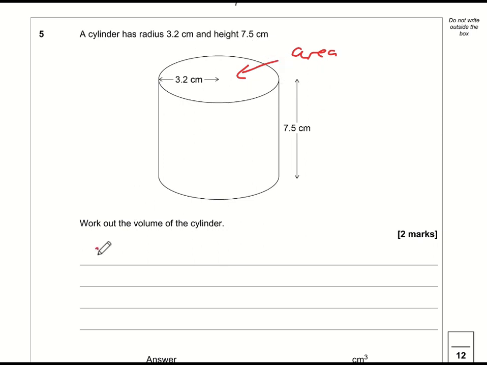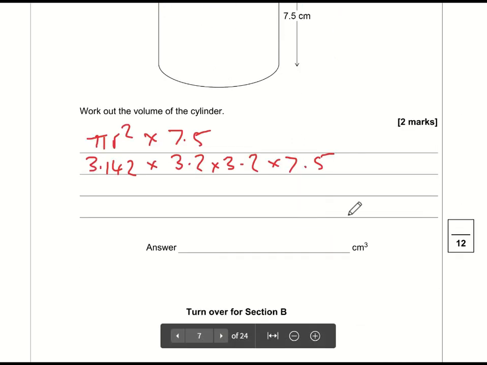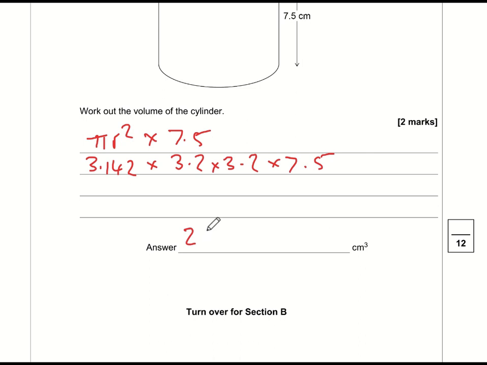The formula for the area of a circle is pi r squared, multiplied by 7.5. We'll use 3.142 for pi, or you can use the pi button on your calculator. The radius is 3.2, and the height, as we've already established, is 7.5. If you multiply all of that together, we're going to get an answer of 241.3056 cubic centimetres.